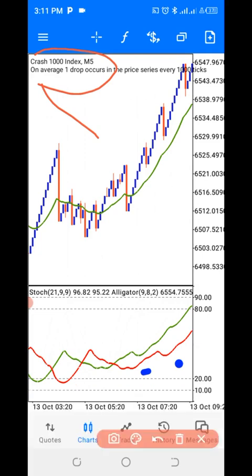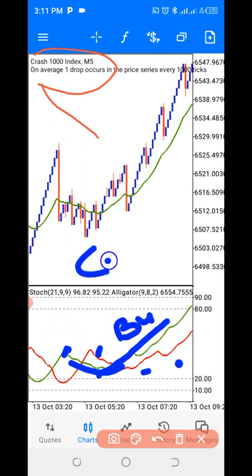So obviously you need to wait for this green moving average and this red moving average. The green moving average has to cross the red upward like this, signifying that we are in a buy. Remember that on Crash 1000 we'll be buying, not selling.